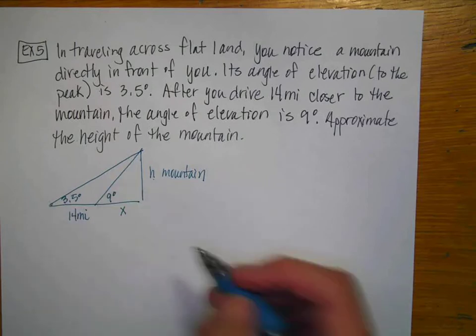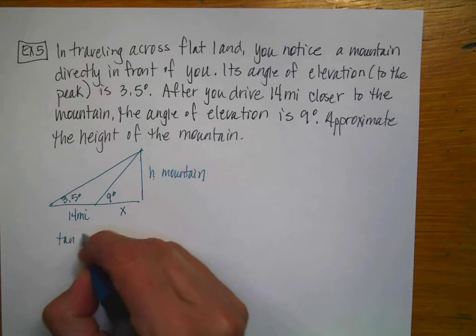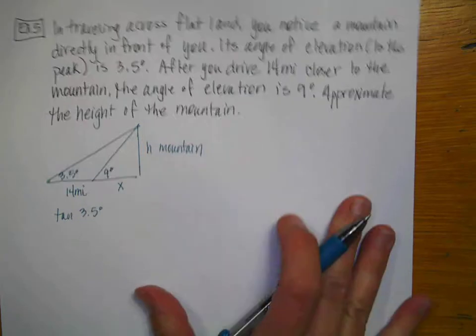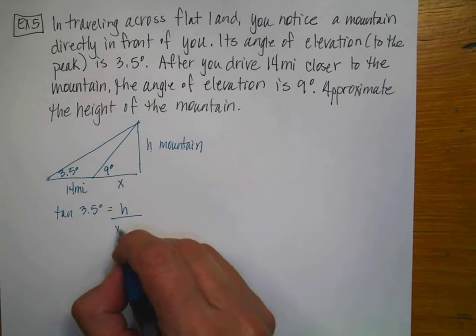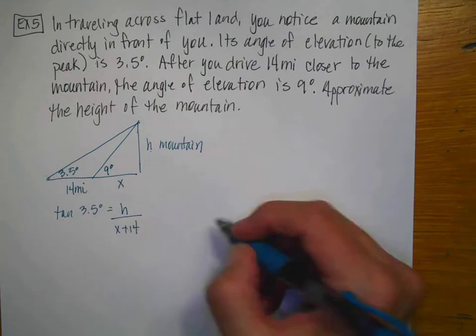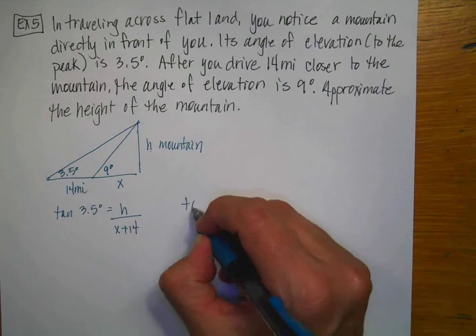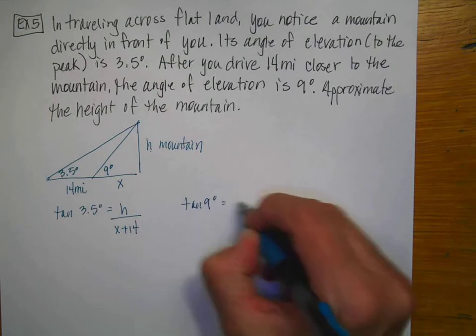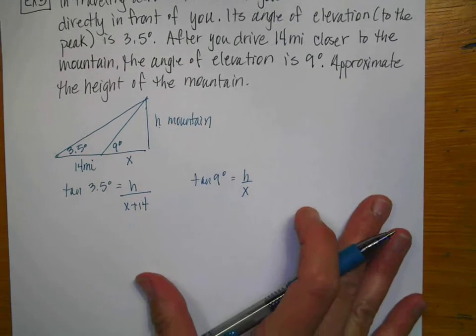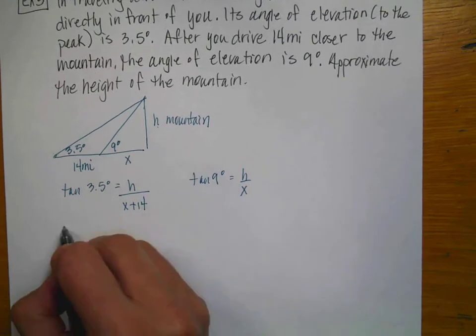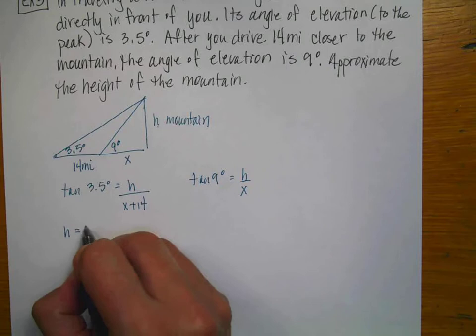So I'm going to start with the big triangle on the outside. And so I'm going to say the tangent of 3.5 degrees is equal to the opposite over x plus 14. And then my other triangle is going to be the tangent of 9 degrees is h over x. I'm going to solve both equations for h.